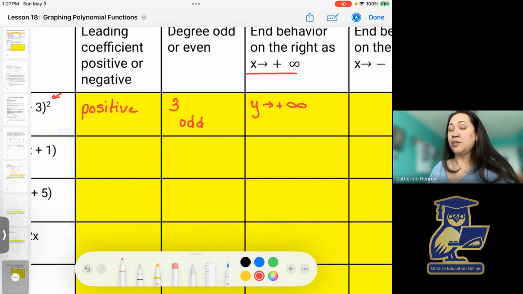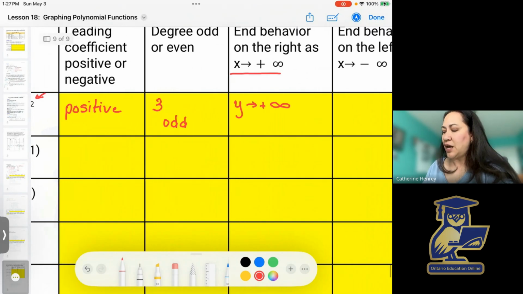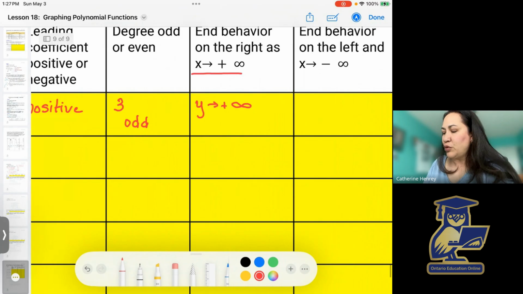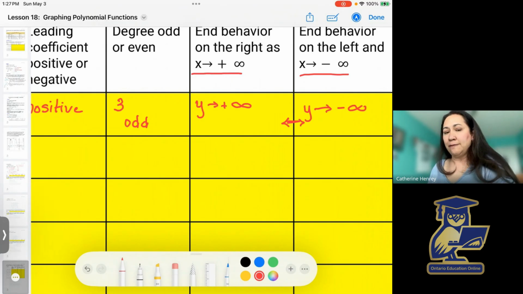It's going up to the right. An odd degree means that on the left side, as x is approaching negative infinity, as we move to the left, then y is going to be opposite. So it's going to approach negative infinity. It's going to be opposite the right side.